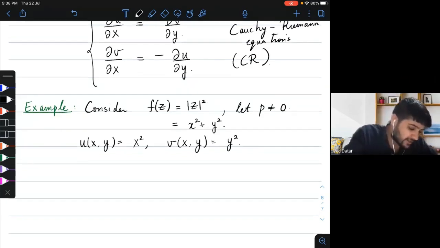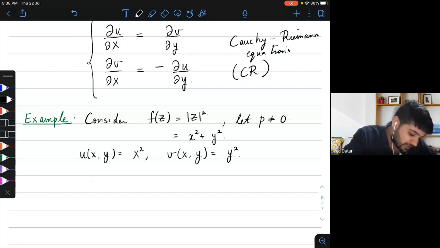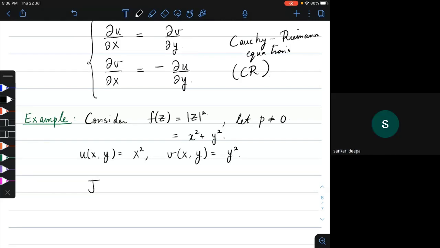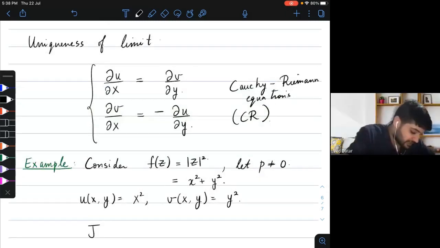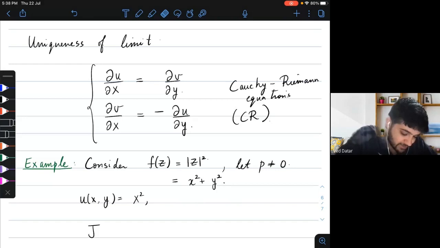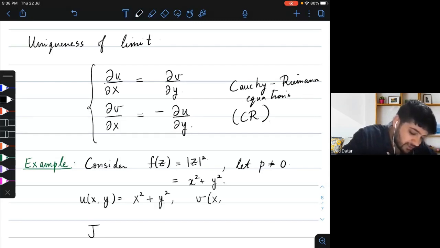Now let's calculate the partial derivatives. So let's compute the Jacobian matrix.